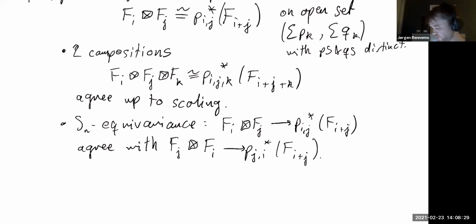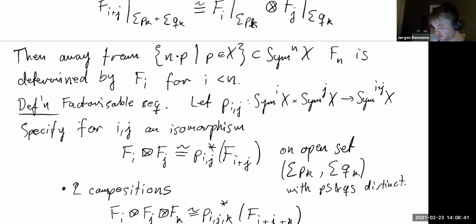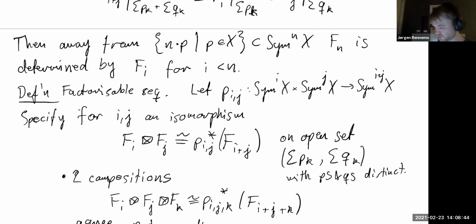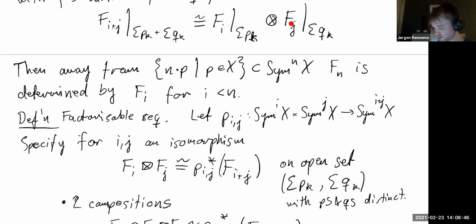Okay, so to be precise, I should write down a specific commutative diagram here and be technical, but the point is somehow that, informally, you should be able to reorder these and that shouldn't really change the isomorphism.